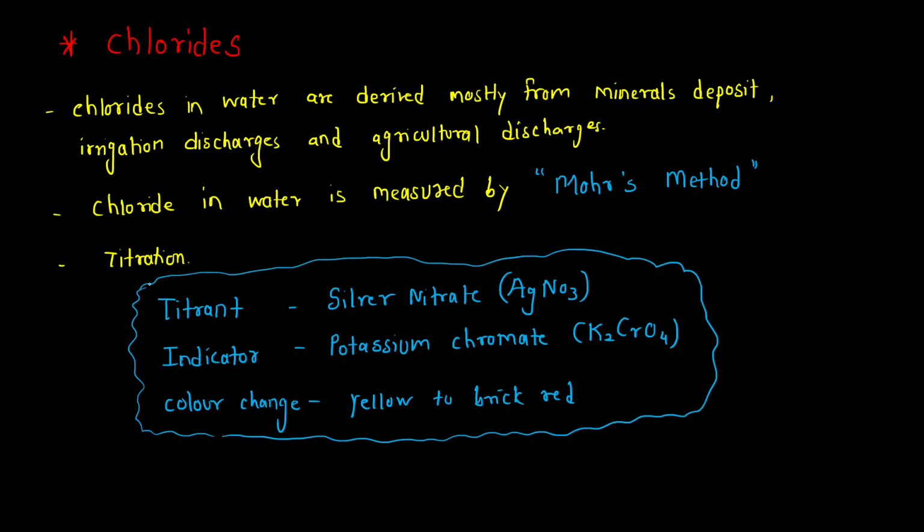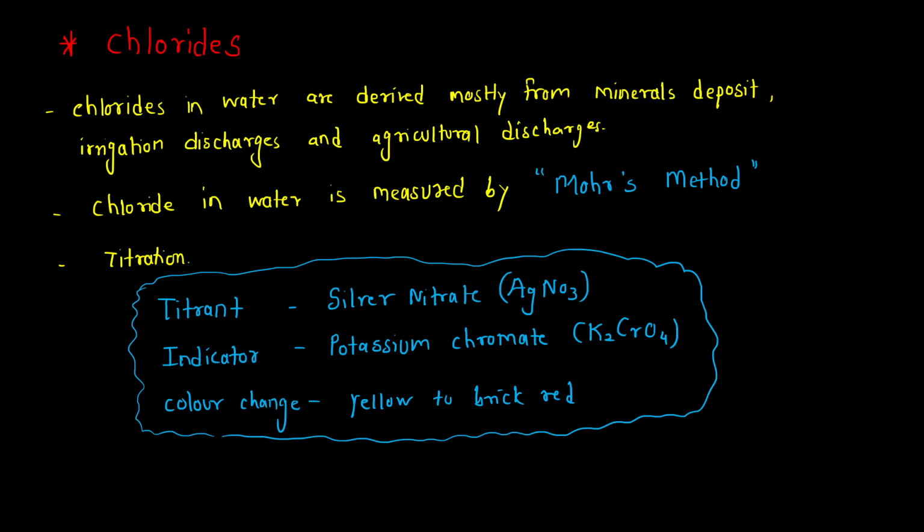If you have not seen the previous videos, just watch them, because the same process happens in titration. So there is one conical flask. In the conical flask, first we add the water sample. Now to that water sample, we add the indicator. In Mohr's method, which indicator do we have to add? We have to add potassium chromate. After adding the potassium chromate to the water sample, we mix it thoroughly and then put it under the burette. In the burette, the titrant is present.